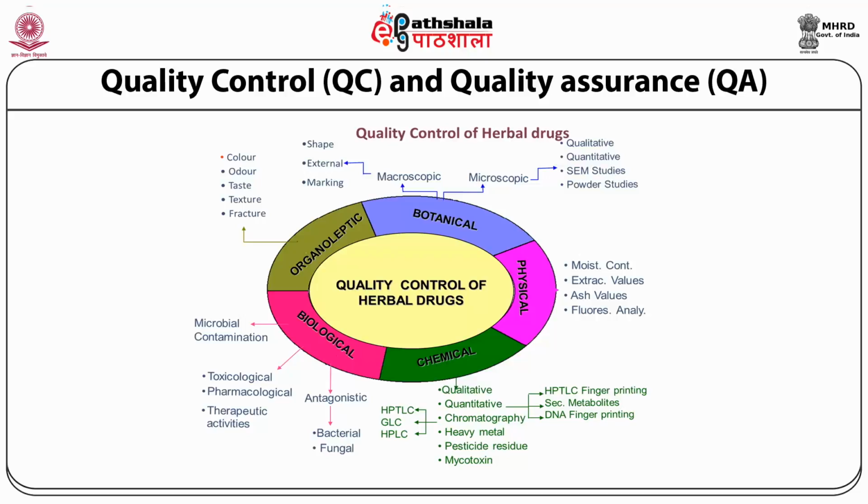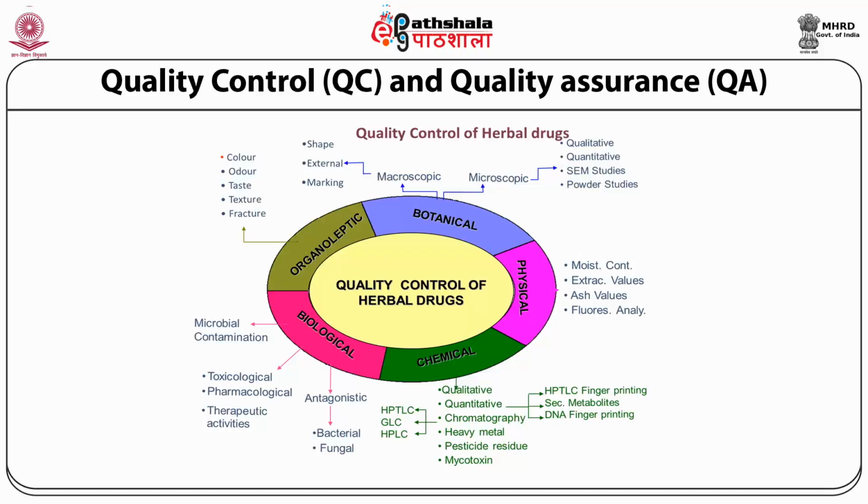So, botanical, as we understand, mainly includes the morphological as well as microscopical parameters, while the physical parameters include moisture content, extractive values, ash values, fluorescence analysis, etc. Chemical parameters constitute both the qualitative and quantitative chemical examinations with respect to the contents as well as heavy metal, pesticide residues besides mycotoxins and other toxin residues inside the plant product.